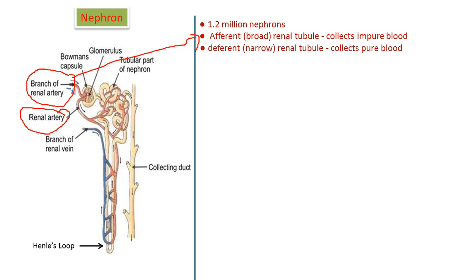You can see over here the efferent is narrow, and the branch of the renal artery is broad. The branch of the renal artery collects impure blood from the heart, and the other vessel collects the purified blood, which, as you can see from the arrow mark, is passed to the heart. This is the function.